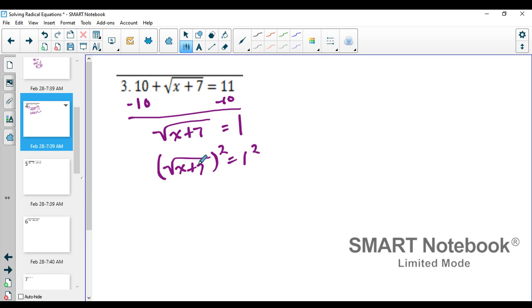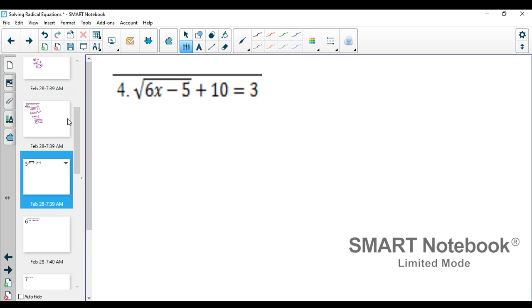And remember, squaring a square root, they cancel each other out. So on the left side, we're left with x plus 7 equals, and then 1 squared is 1. And then at this step, we should all know we just subtract 7 and we get x equals negative 6. And that is our final answer.